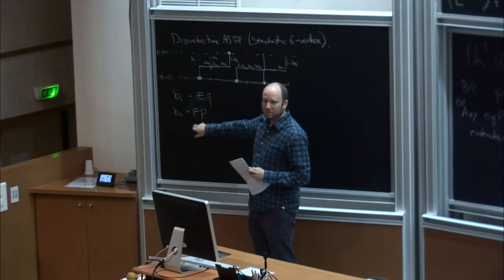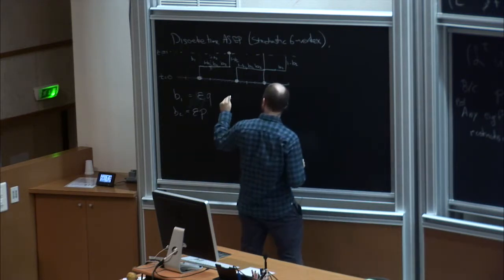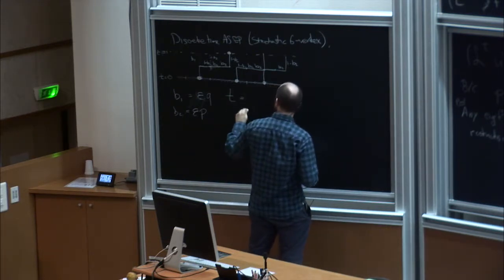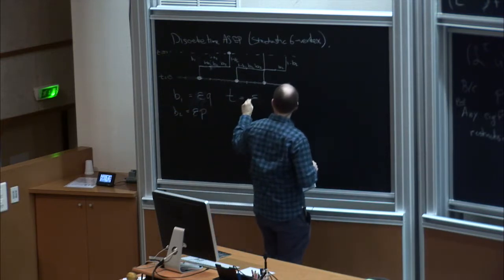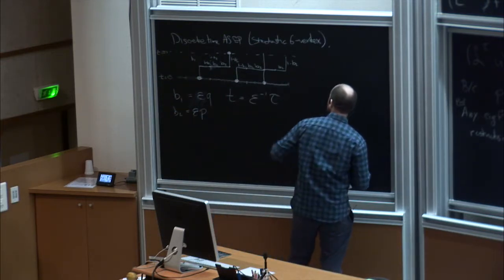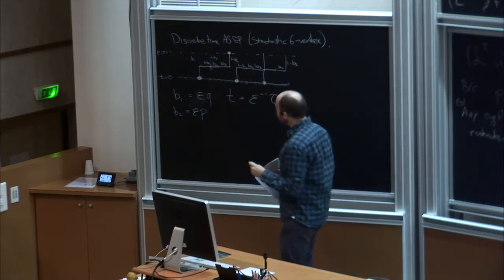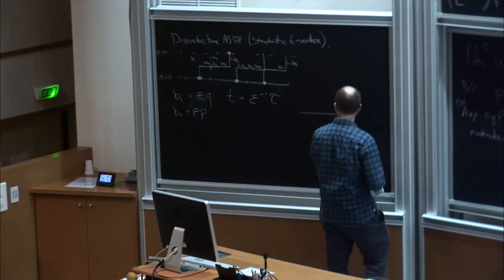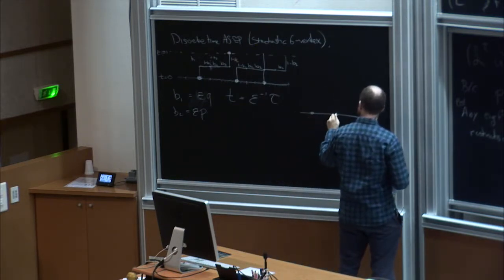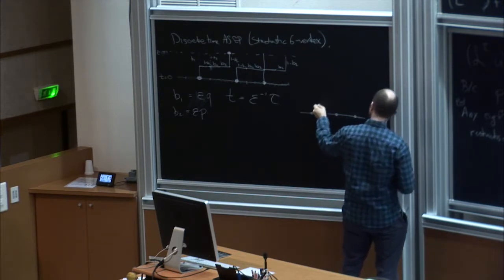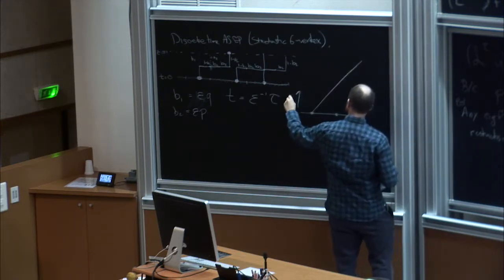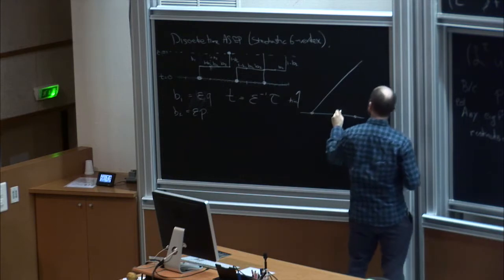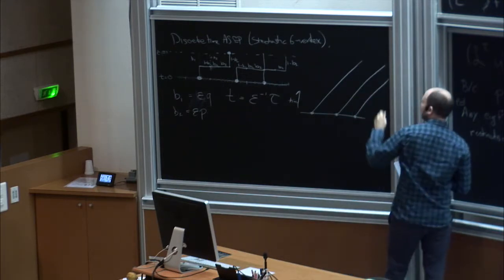So what it will mean is that I'm now going to think of time as being on the order of epsilon inverse, say, tau. Each particle under this sort of scaling will typically, if I think of this as my time direction, just proceed along a diagonal.